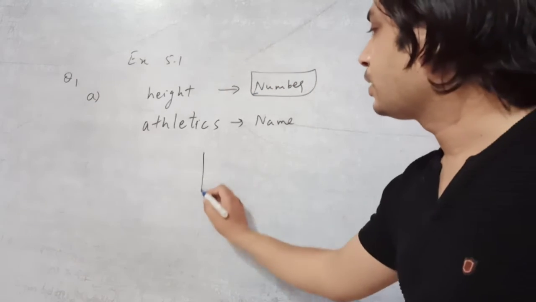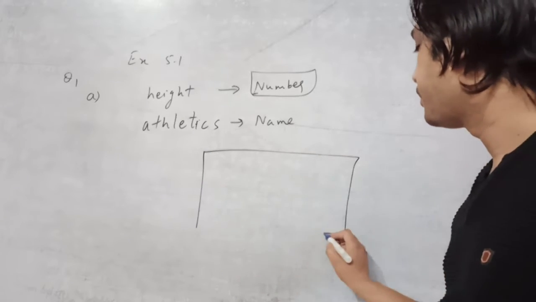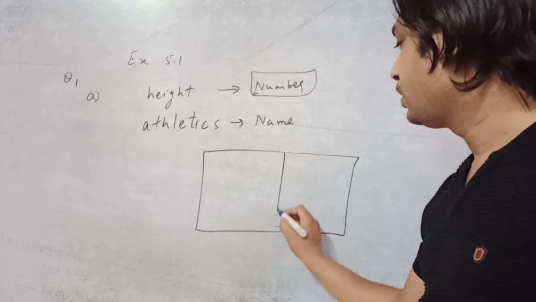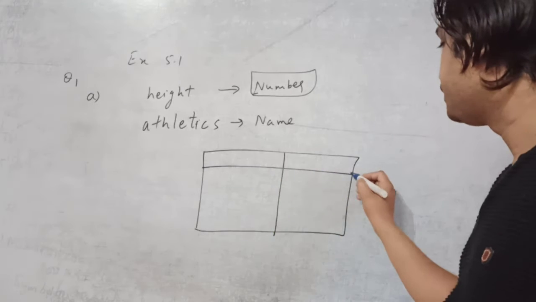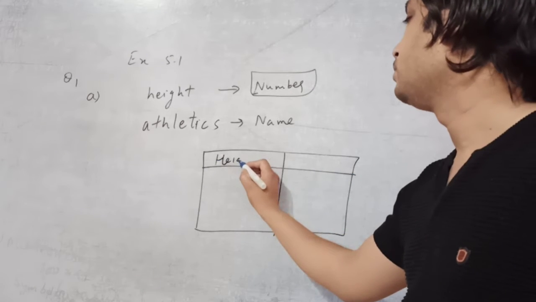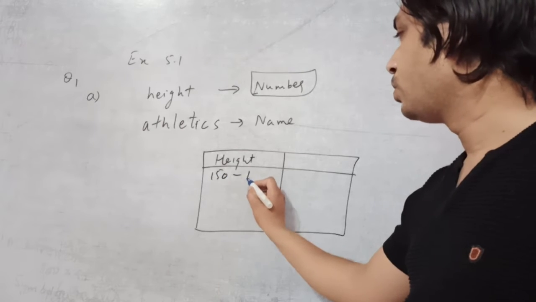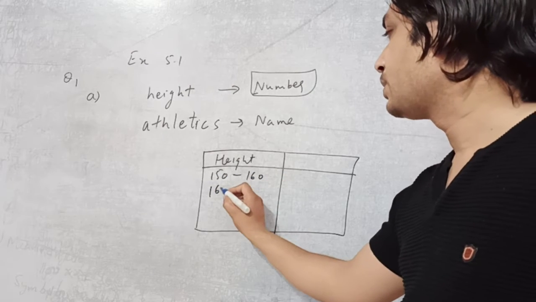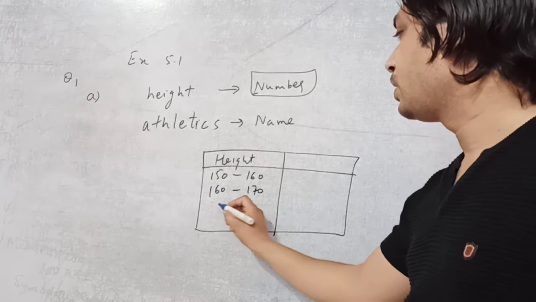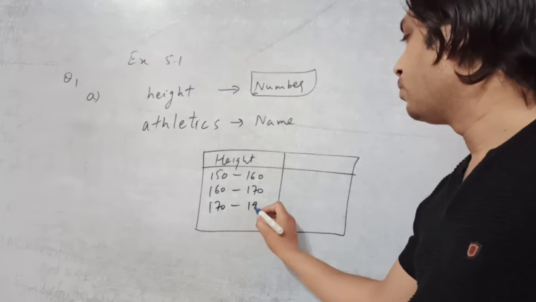If we are taking the height here, we can divide it. Suppose in your class we have 152, 160, 162, 170, 172, 180.